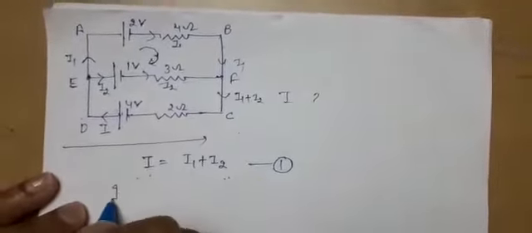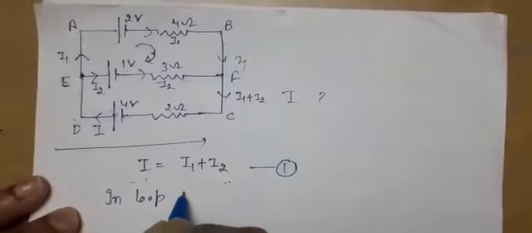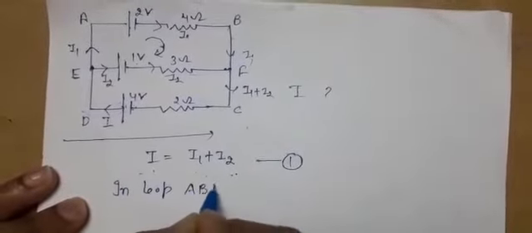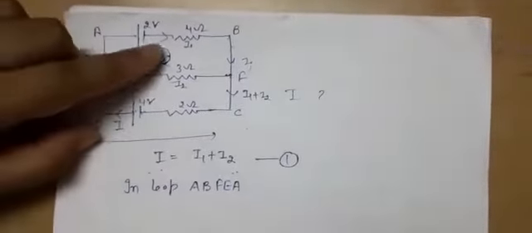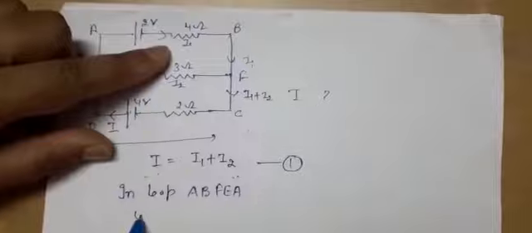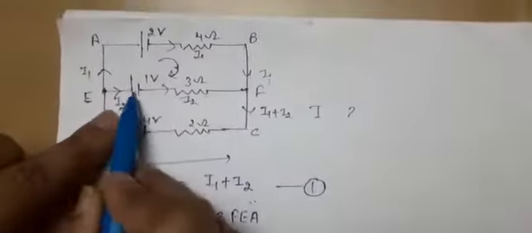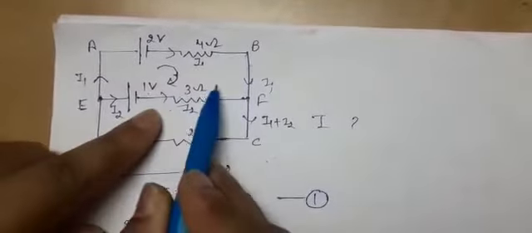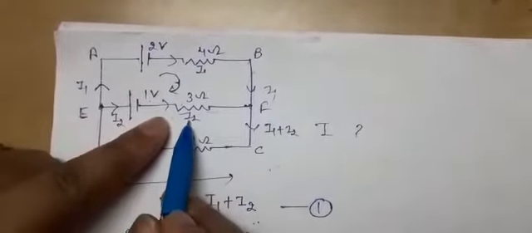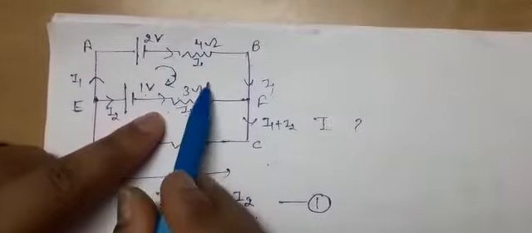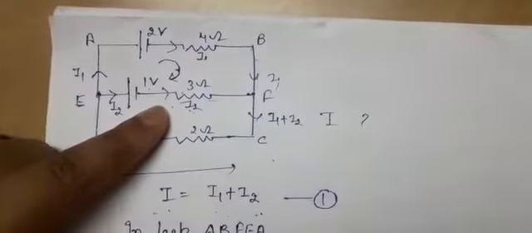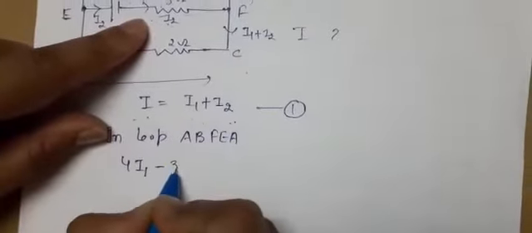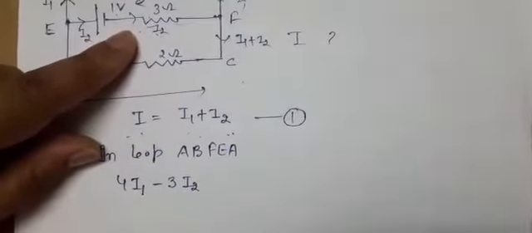The first loop I have taken is loop A, B, F, E, A. Here I start with the potential drop across the resistance, 4I1. Now, because the current is moving along this arm but we are coming along this direction, the current is opposite to the direction in which we are moving. So the potential drop will be taken as negative, minus 3I2.